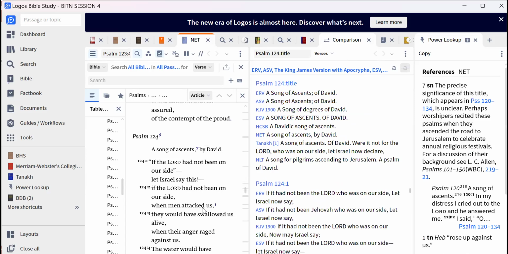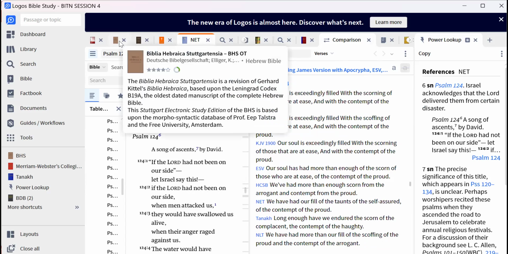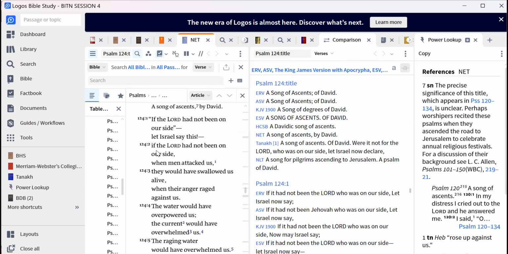Now, some exegetical points we want to look at here. First is, like I said the other day, the case of if this had happened, if the Lord was not with us, then this would have happened, right? Let Israel also proclaim that when men attacked us.